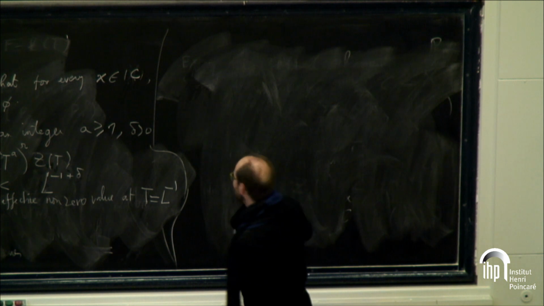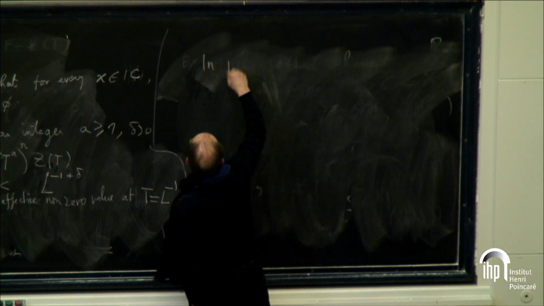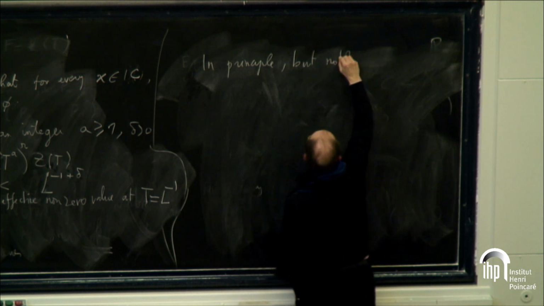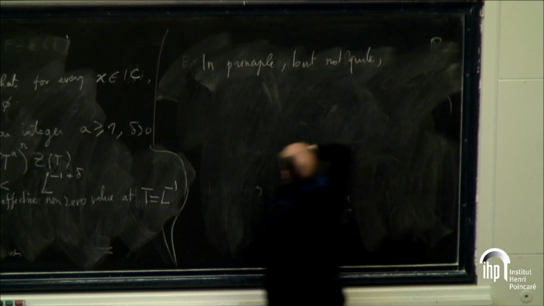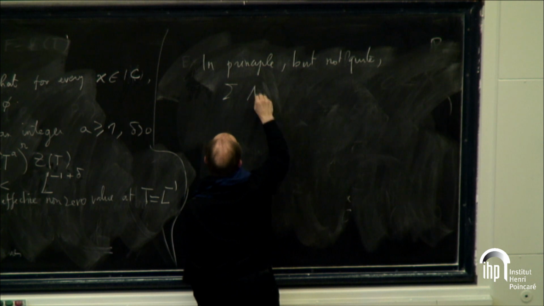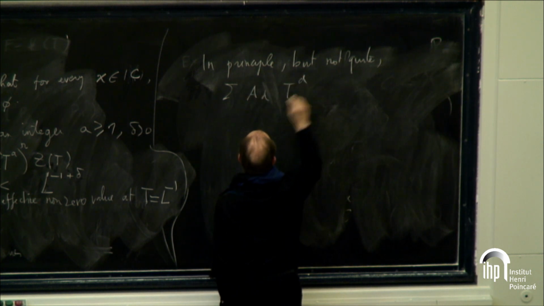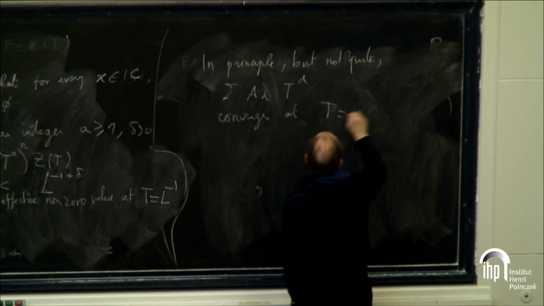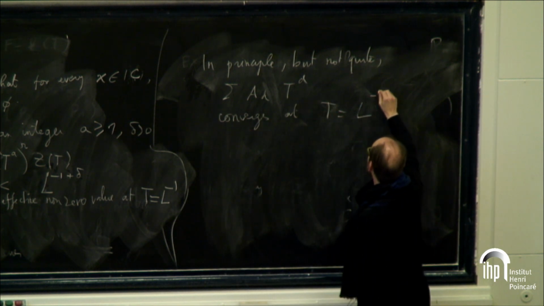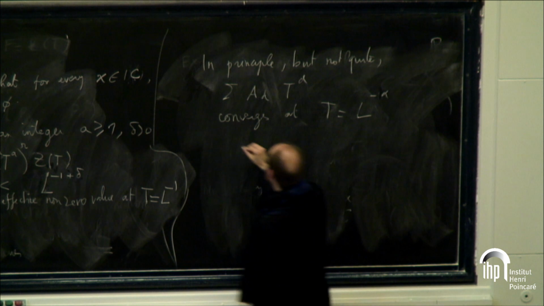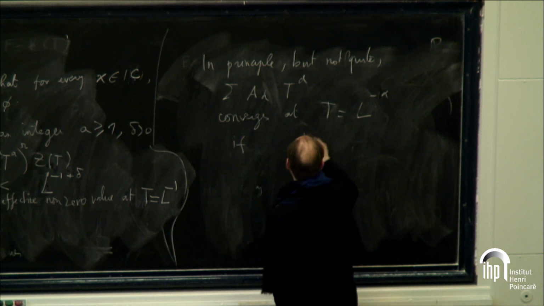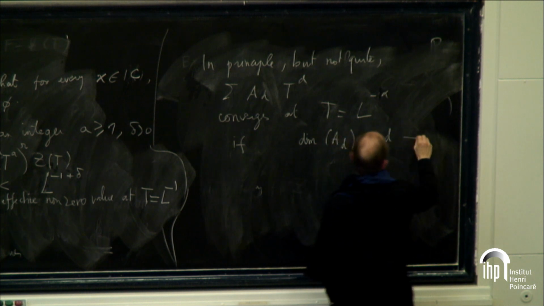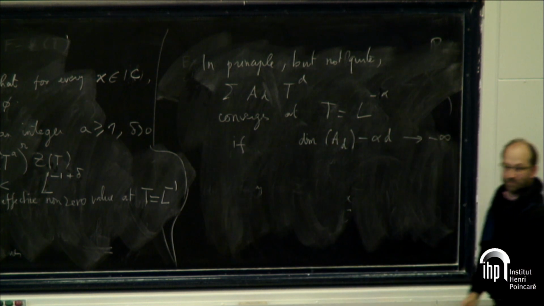In principle, you take a series sum of A_d t to the d, and you say that it converges at t equals L minus alpha if the dimension of A_d minus alpha d goes to minus infinity.